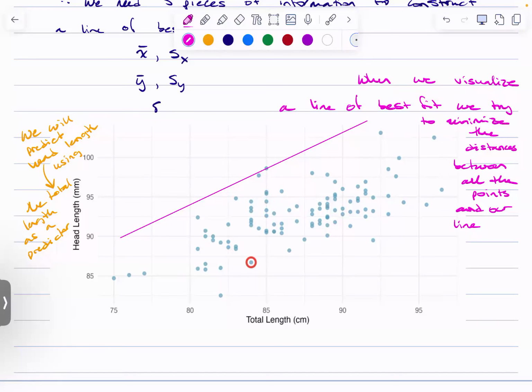You wouldn't call it that, but that is what we're doing, and that's what the formulas do as well. The most common way, arguably the only way, that we fit lines of best fit is through a least squares regression line.